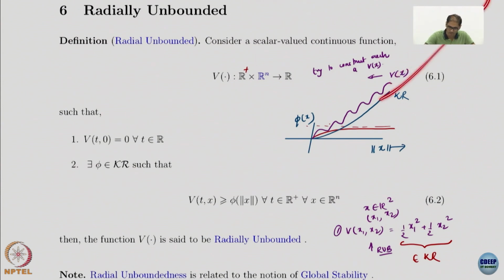So if this guy is going to infinity, this also has to go to infinity. So that is the difference. The property of going to infinity is inherited by the radially unbounded function also, therefore the word radially unbounded. Why radially? Because you can think of the norm of x as some kind of radial direction. So as the norm of x goes unbounded, which is the same as saying the state goes unbounded, V also has to go unbounded.